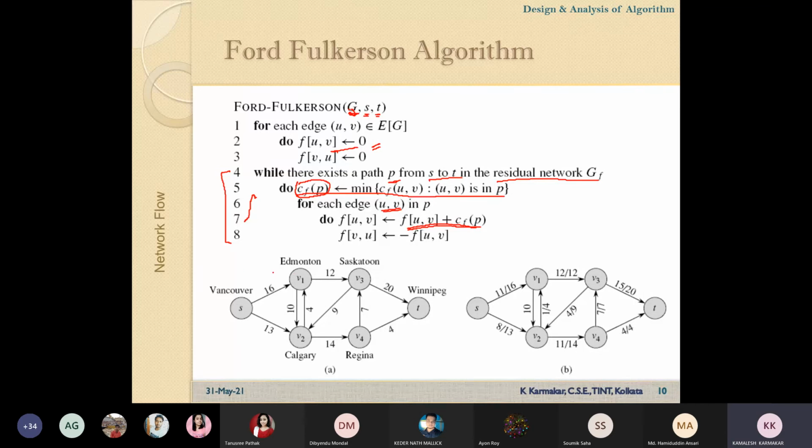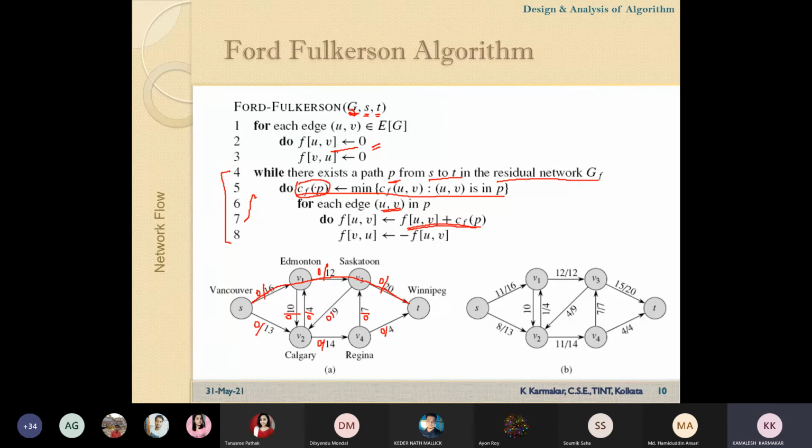So what does it indicate? Initially for each and every edge, this value is 0. Now if we find a path like this, what will be the maximum flow through this path? 12 units.